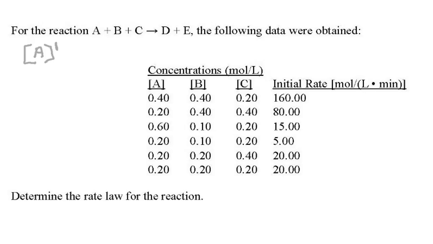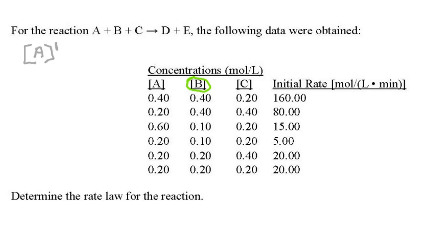So let's find where B is going to change. B is in the middle, and B stays the same between experiments 1 and 2. It changes between 2 and 3, but we need a place where B is going to change, but A and C remain the same.